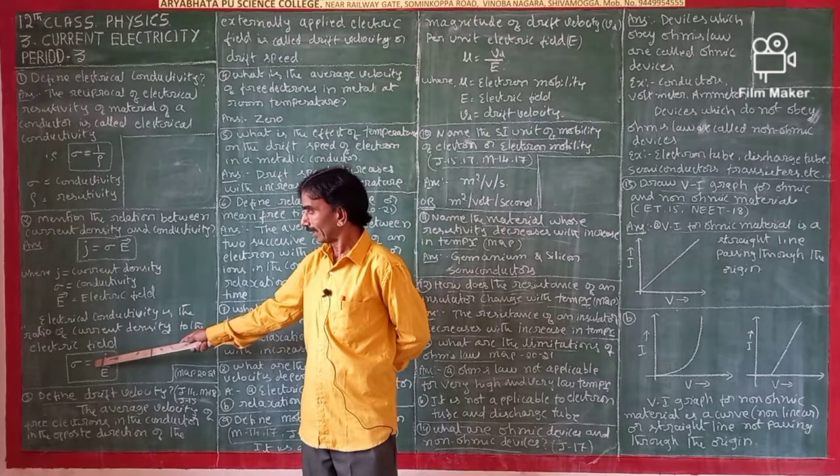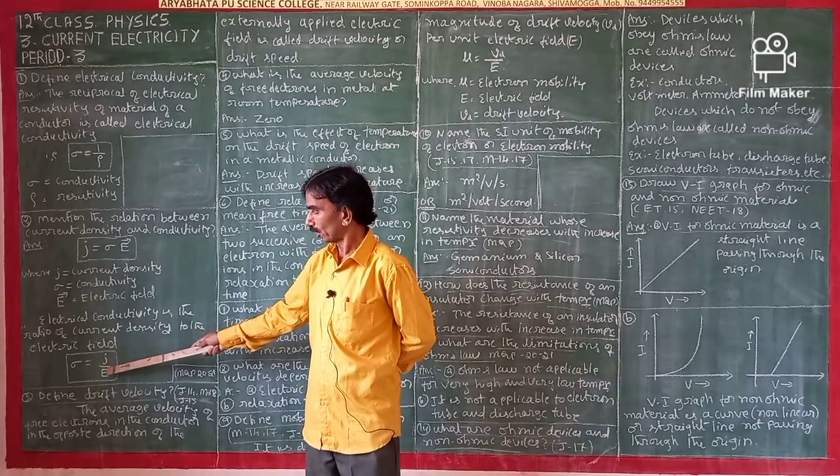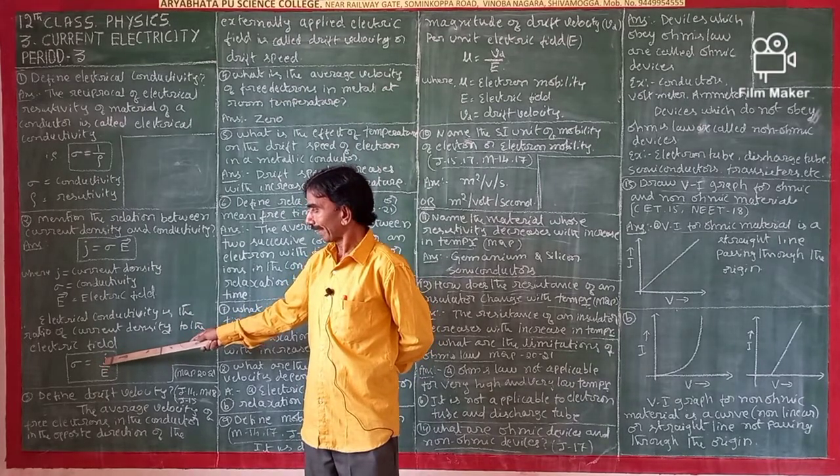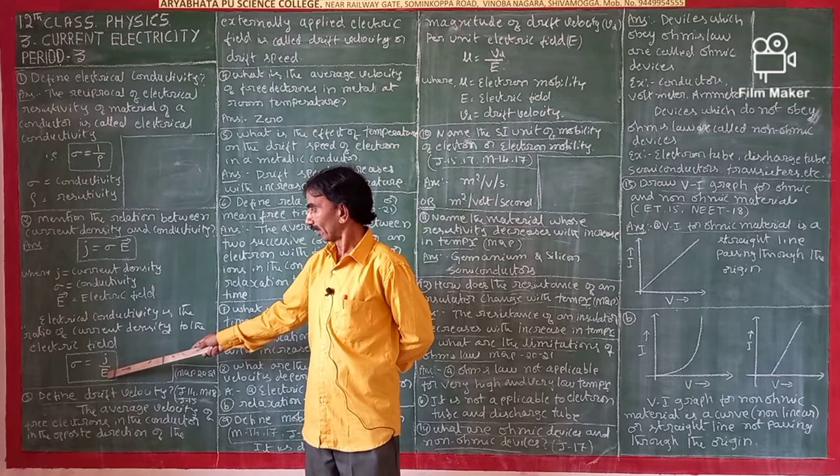The electrical conductivity sigma is the ratio of current density to the electrical field.